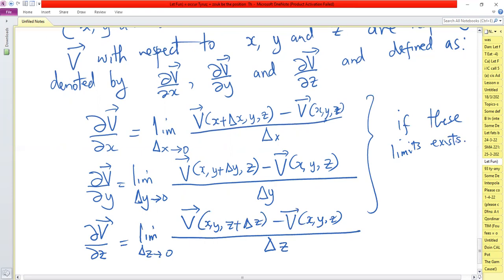So that's how we define partial derivatives of the vector function v depending on x, y, and z.